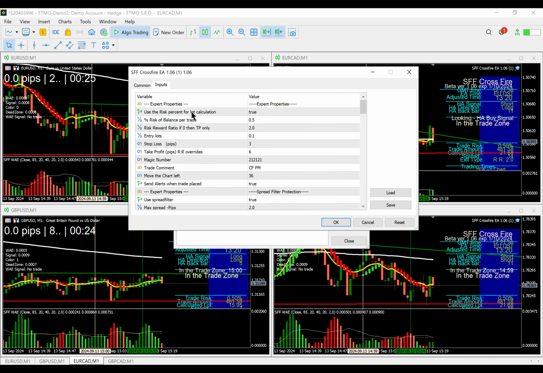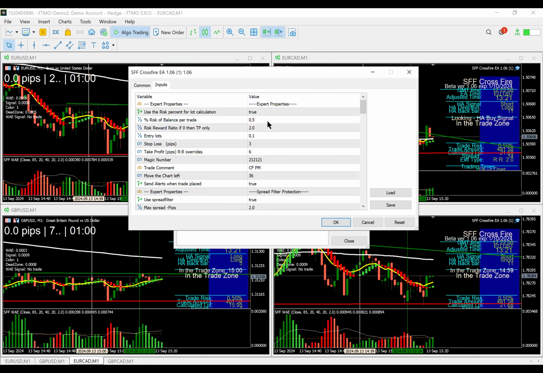Then on inputs at the top, you're saying that you want the trading assistant to use the risk percentage for lot calculation. So based on what percentage of your balance you choose, the trading assistant will automatically work out your lot size.